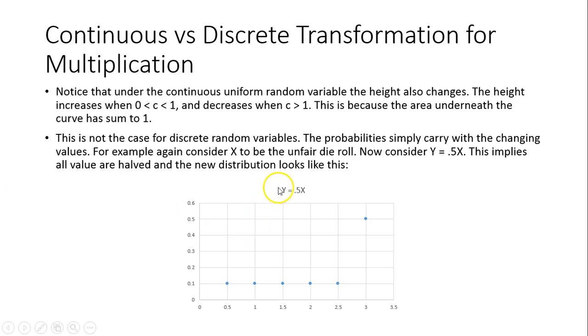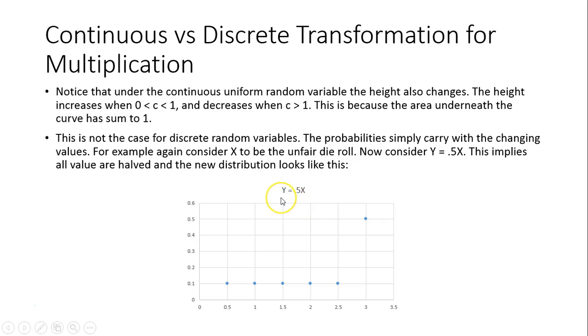Do you guys remember this unfair die-roll distribution that we talked about last time in the questions? It was from 1 through 6, and 6 had a probability of 0.5. If you remember, we computed the mean, which was 4.5.